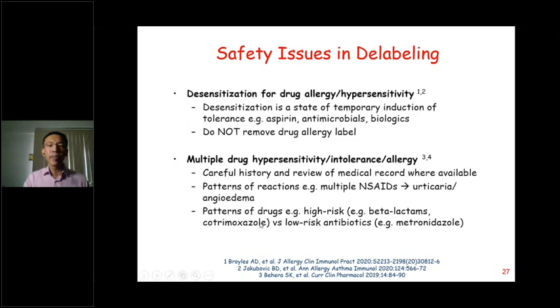But if there are patterns where, say, there are certain high-risk drugs on the list, for example, beta-lactams, cotrimoxazole, versus fairly low-risk antibiotics, say, for example, metronidazole, then it also helps us to assess at the end of the day which of the drug reactions are likely to be real and which of the others may be either coincidental, maybe due to the underlying condition that the patient has, or may just have been an adverse drug reaction. So, for example, a change of taste with the drug or epigastric pain with the drug.